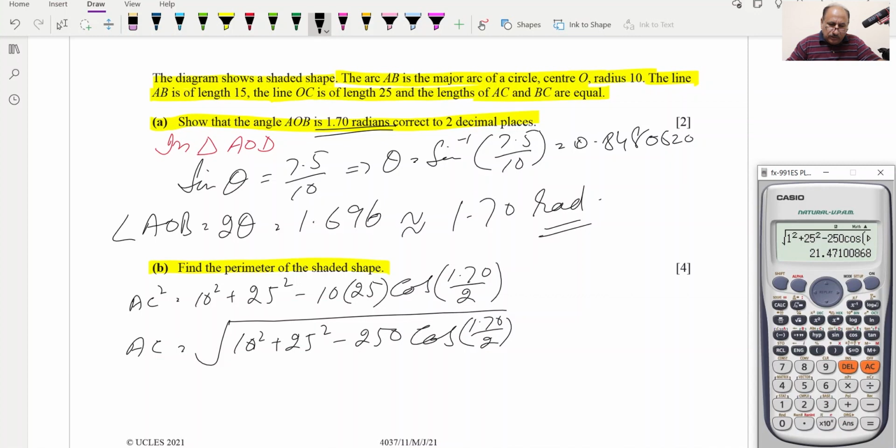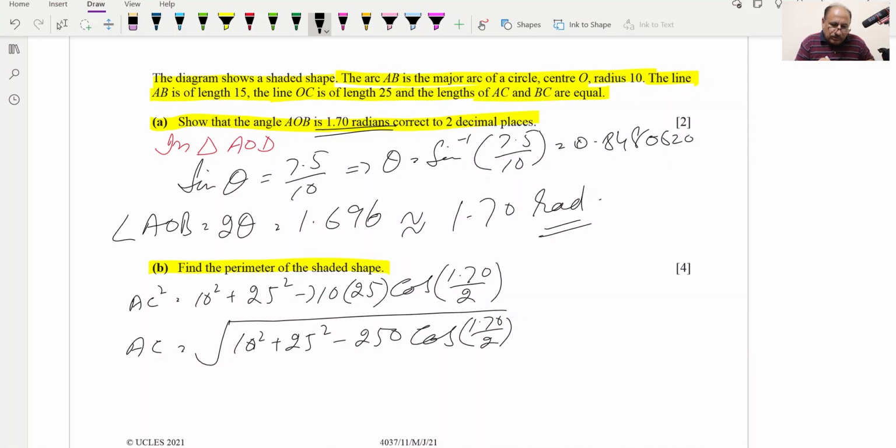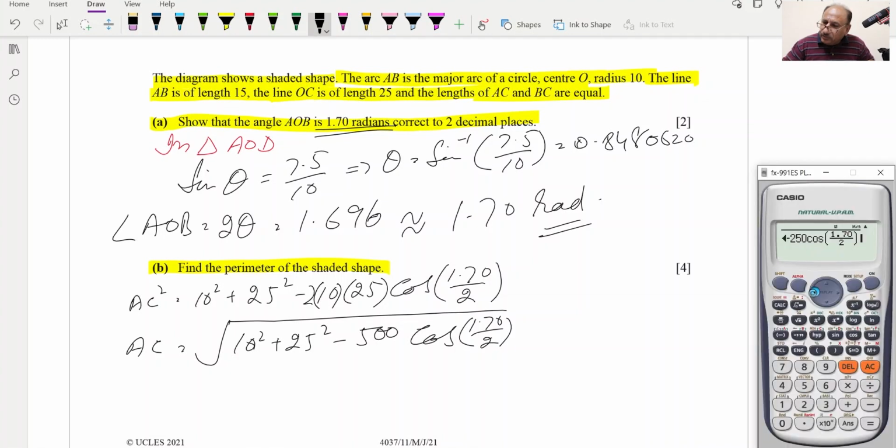Basically we missed a 2 over here. In the cosine rule we should have 2 over here, which we missed, so it should be 500 over here. If we replace it with 500, we are getting 17 point.